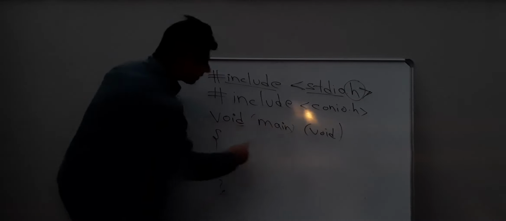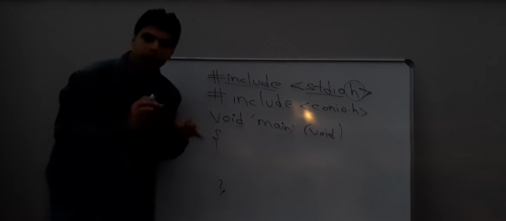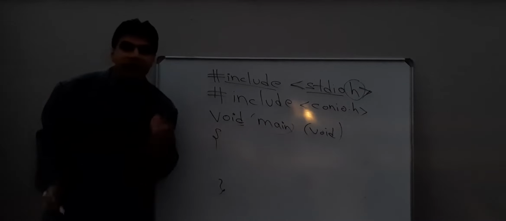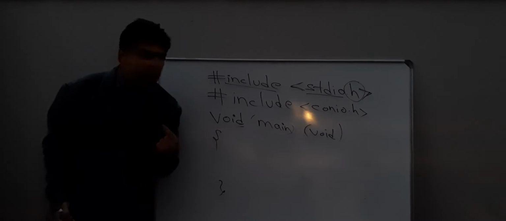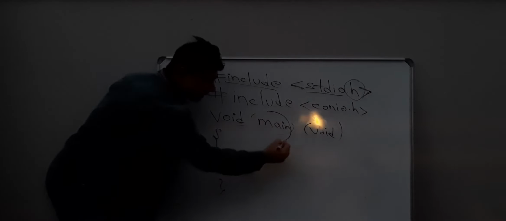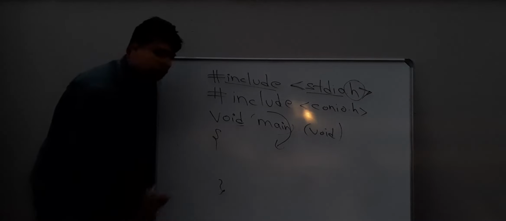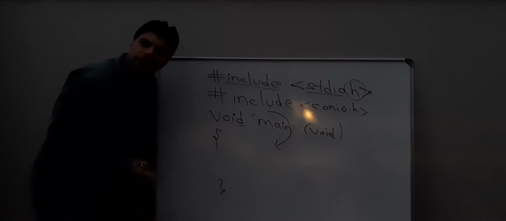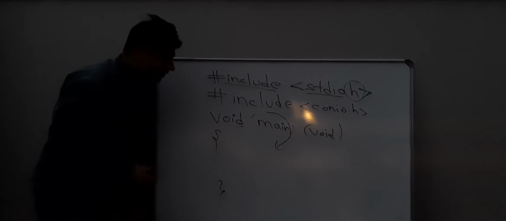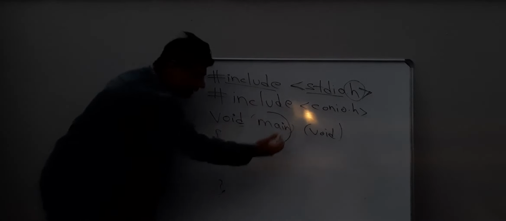Main is where our program runs, where we write our code, because every program needs a starting point. So main means the first entry point of the program. Every time you write a program in C language, you will need a function known as main, which will be the first entry point.